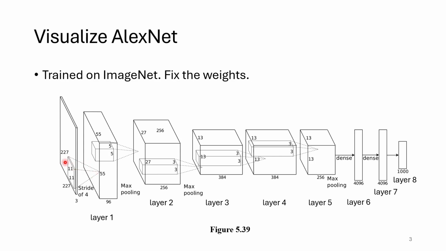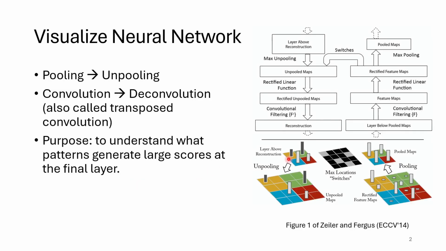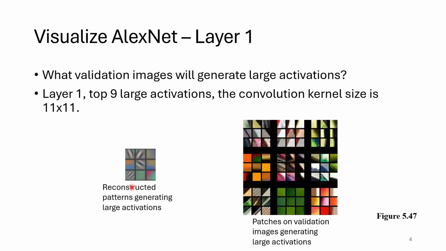Because the kernel size is 11 by 11, when they pick up some large activation values in the first layer, they will generate 11 by 11 patches. In this example, when they pick up the 9 largest activation values in the first layer, and then use their method to reconstruct the input signal, they will get these 9 patterns.